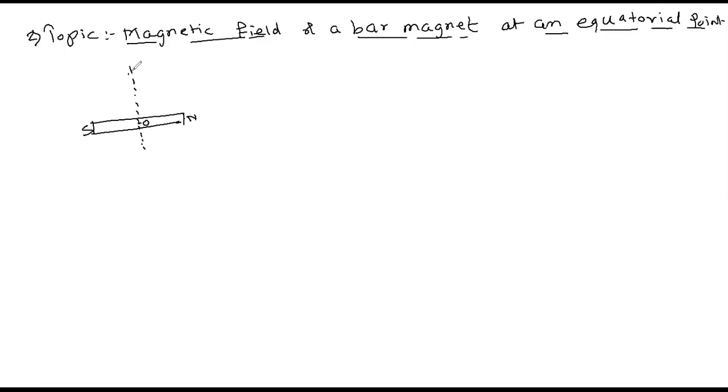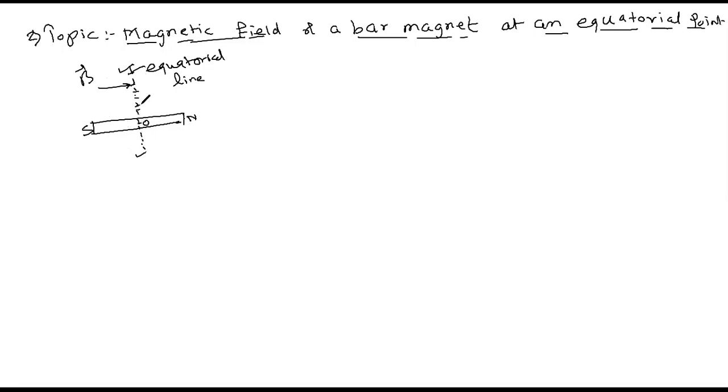If you take any point on this line, this line is called the equatorial line, and any point on it is called an equatorial point. You can take it to this direction or to this direction, and you have to find the magnetic field at any point on the equatorial line.